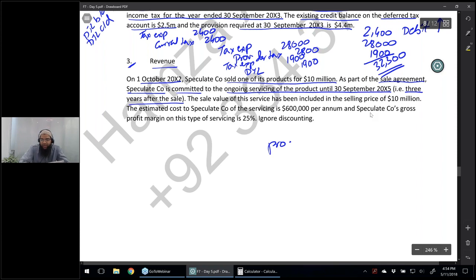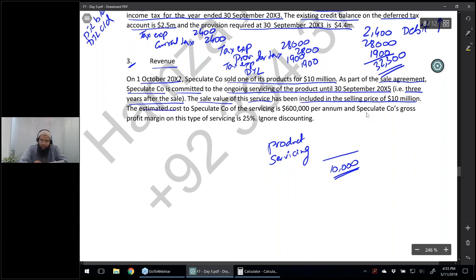So this means that apart from the product, we have also sold some servicing. The sale value of this service has been included in the selling price of $10 million. So $10 million actually includes the sale value of this service.